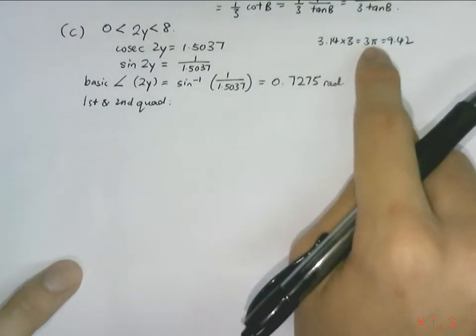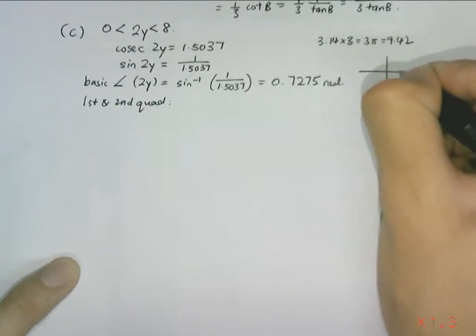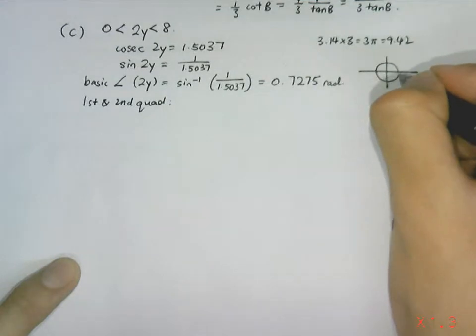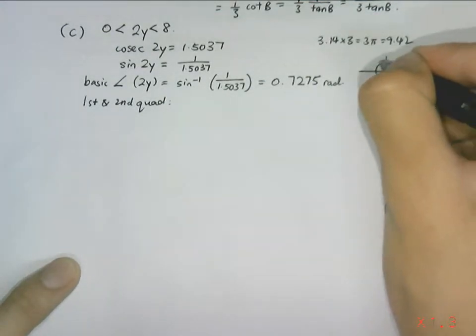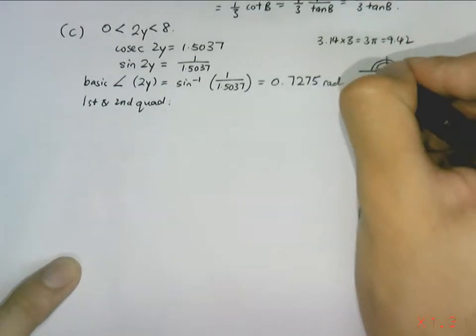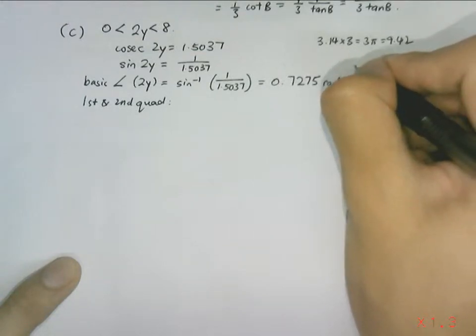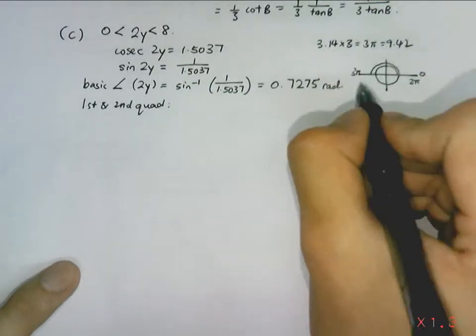Since pi is 180 degrees, and one round will be 2 pi, we go through 2 pi, 1 round, from 0 to 2 pi, then another half round to 3 pi.